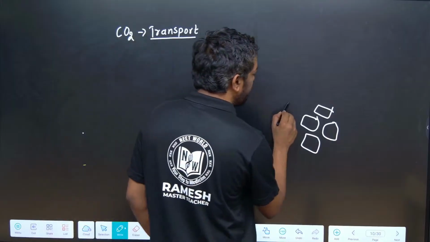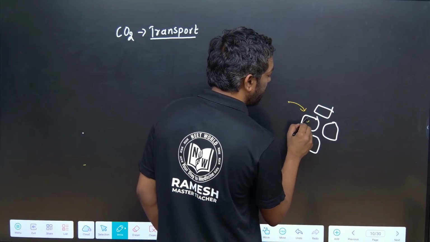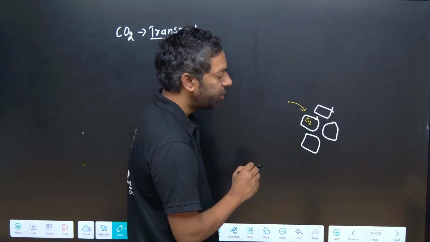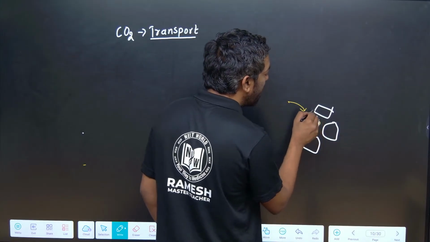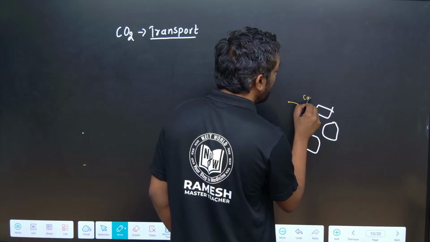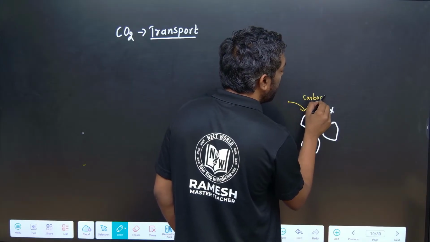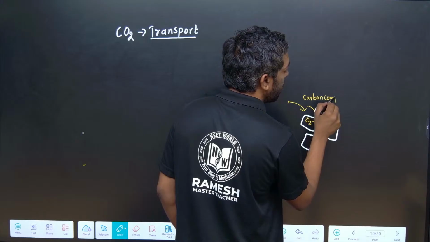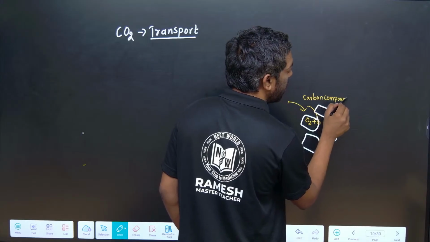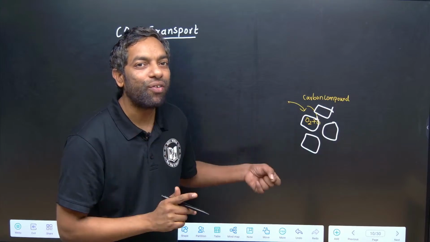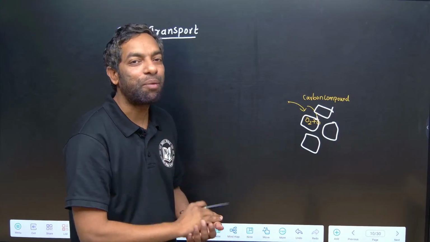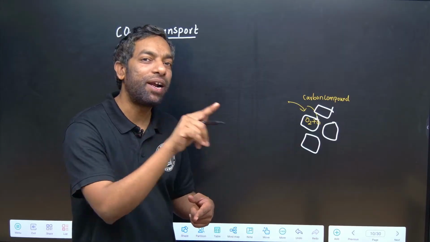The O2 which enters into the tissue is utilized with glucose. Glucose is a carbon compound. Breakdown of glucose creates carbon plus oxygen, carbon dioxide.